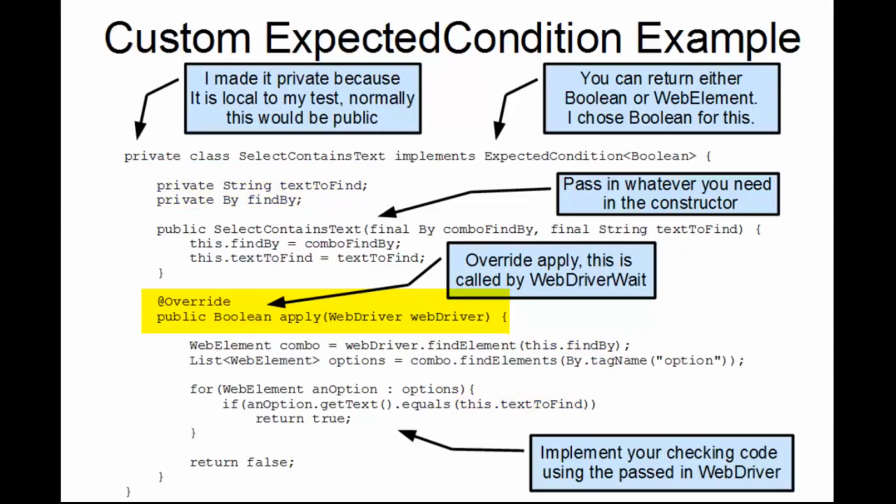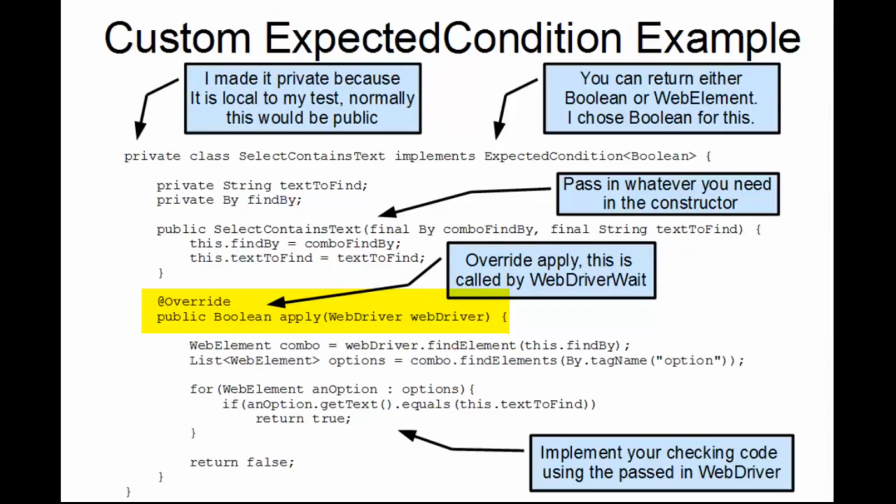So we pass in our expected condition into WebDriverWait. WebDriverWait just knows that it is an object that implements the interface the expected condition has and calls the apply method on that object. So we have to make sure we implement that apply method. And in the code you'll see I've also implemented the toString method so that it can render it through under different circumstances.